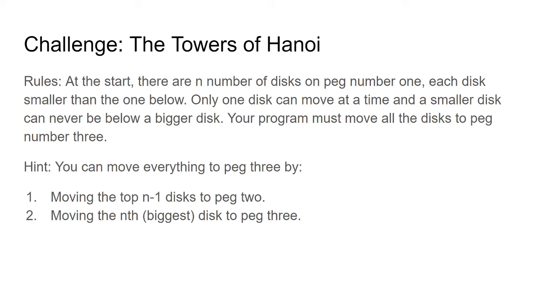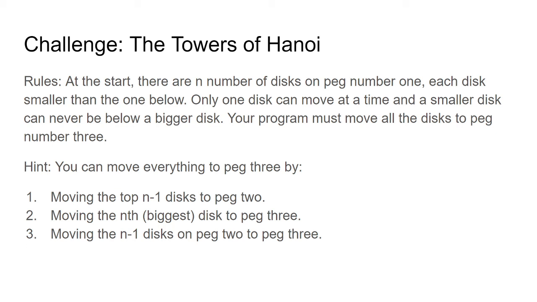Then you make the very bottom disk, the nth or the biggest disk, go to peg number 3. And then we move all the n minus 1 disks from earlier to peg number 3.